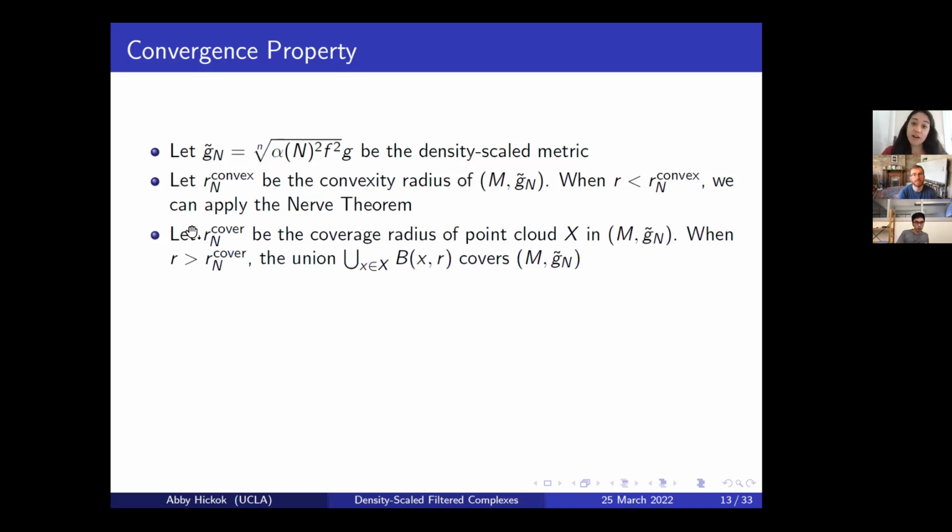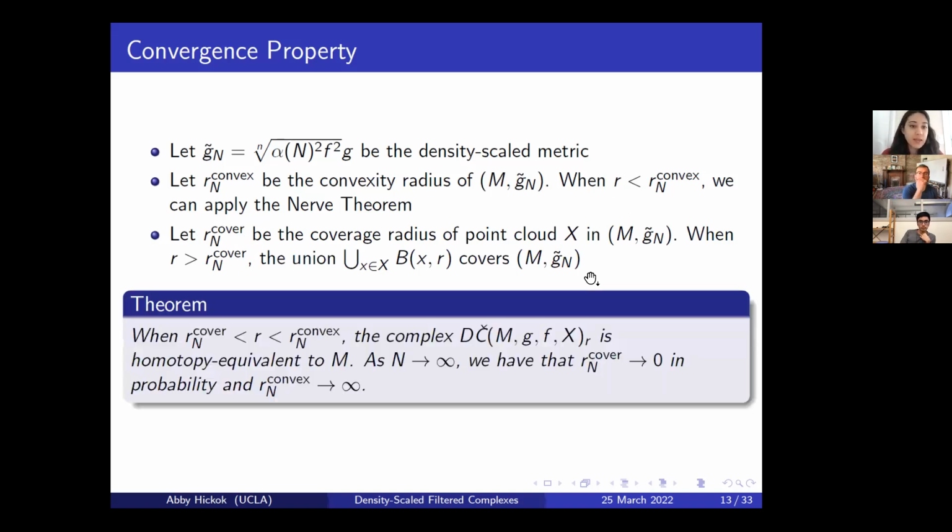Let's also have the coverage radius of the point cloud, denoted R cover n. This is the minimum radius at which these balls cover the manifold. What the convergence property says is that when R, the filtration value, is bigger than the coverage radius but still less than the convexity radius, the density scaled Čech complex at filtration R is homotopy equivalent to the manifold.